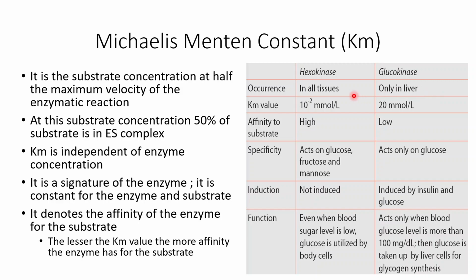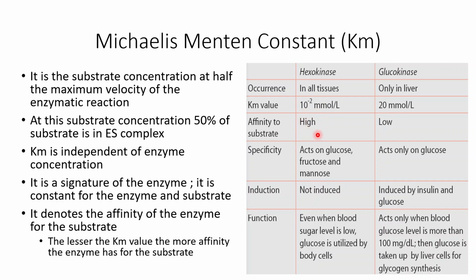Hexokinase occurs in all tissues. Glucokinase occurs only in the liver. The Km value of hexokinase is 10 to the power minus 2 millimoles per liter, whereas glucokinase is 20 millimoles per liter, so it is very high. If the Km value is high, that means the affinity for glucose is low. Here the Km value is low, that means the affinity for glucose is high.